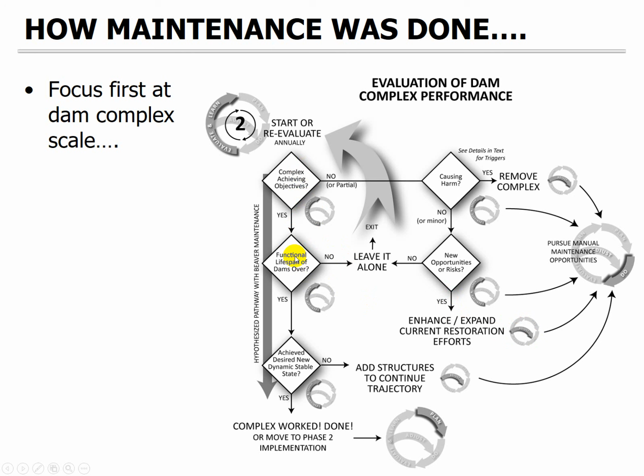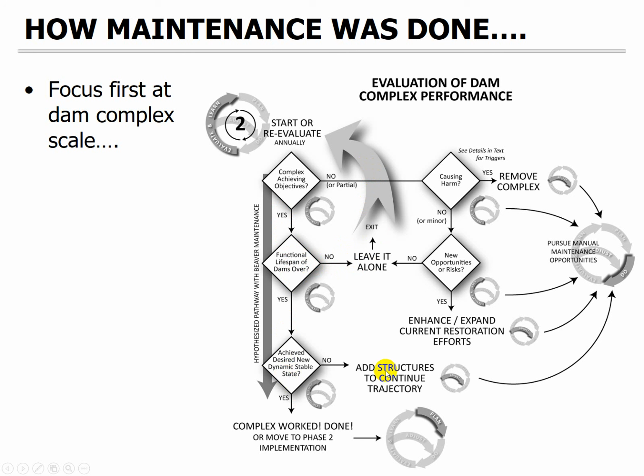In contrast, if you looked at something and the functional lifespan of the dams was over, let's say in a complex, all of the dams filled in with sediments, filled to the brim, well, we might just leave. If the functional lifespan was over, then hopefully we've gotten to the point where we've achieved our new desired system state.